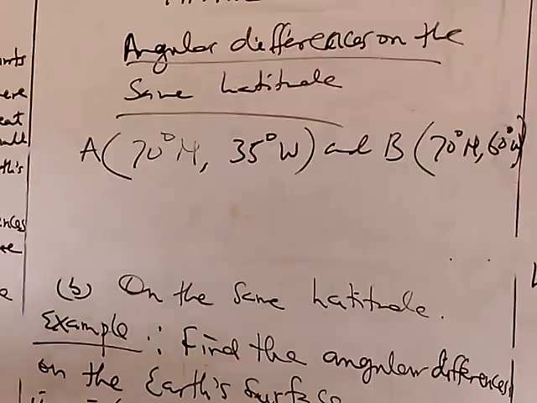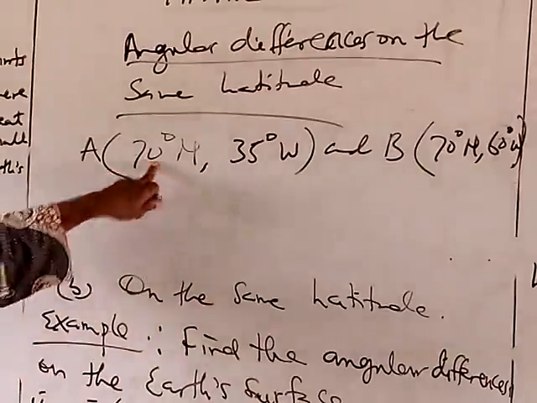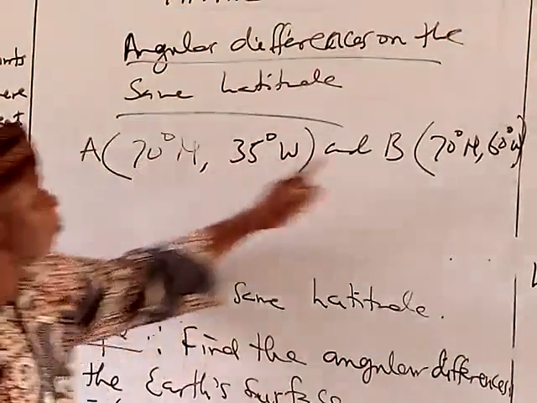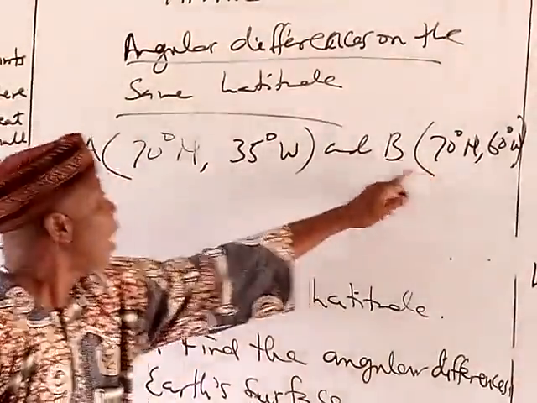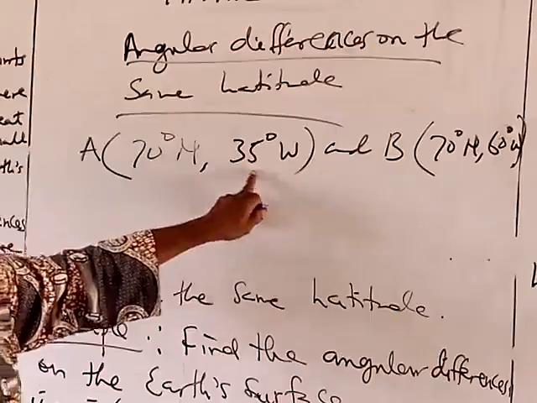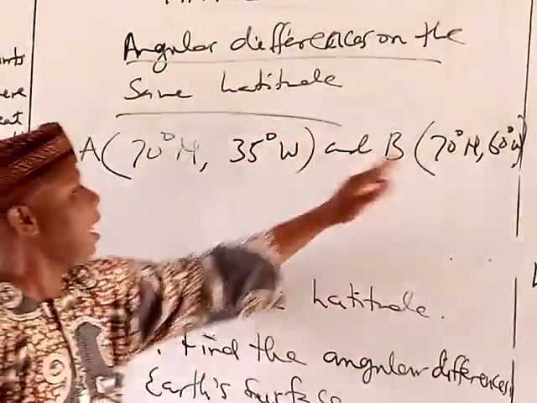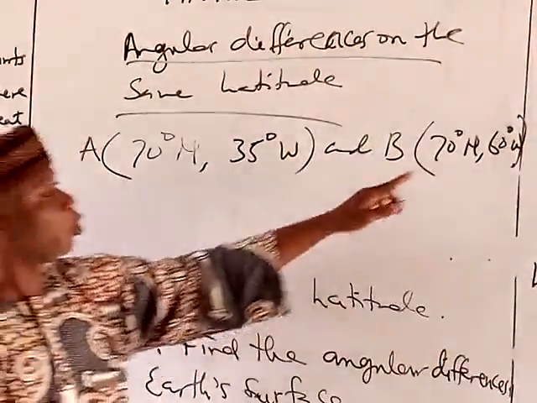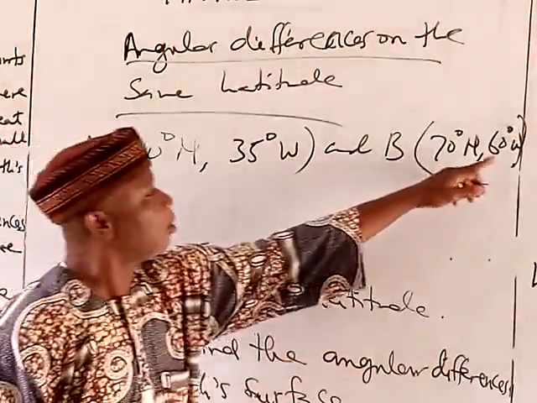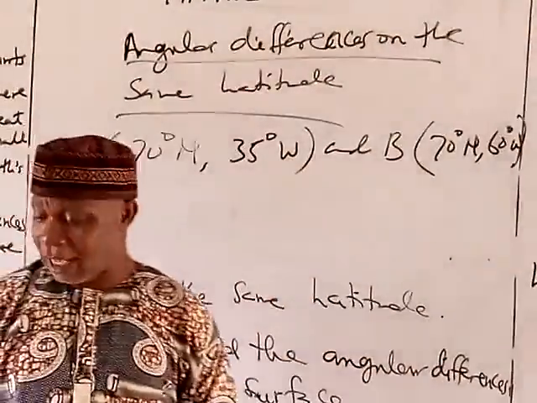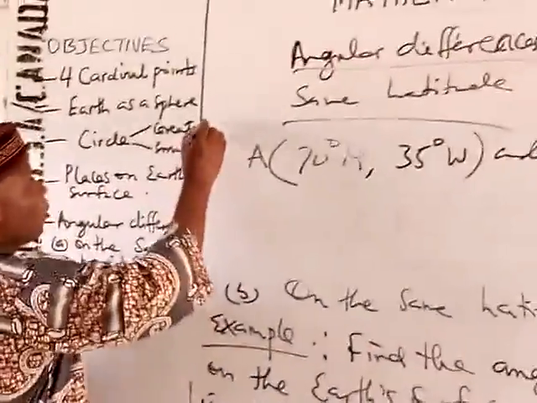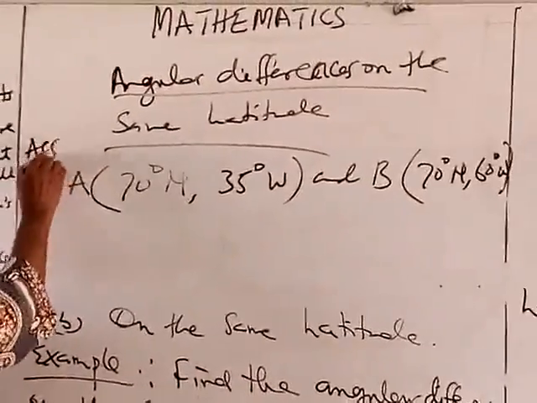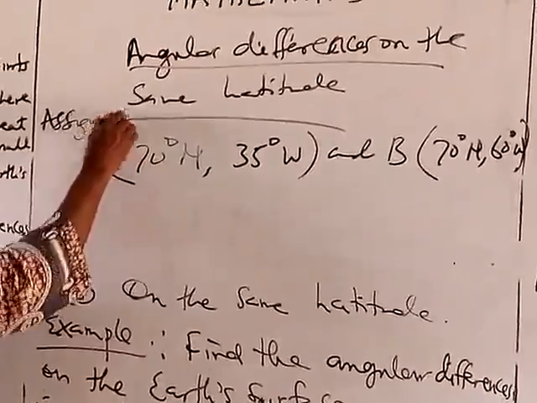What you need to do here is you have the same latitude and different longitude. They are on the same line. What you need to do is to subtract to get the angular difference. I want you to attempt this as an assignment. You know I've given you the hint.